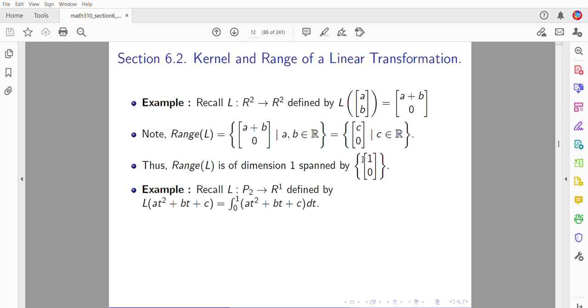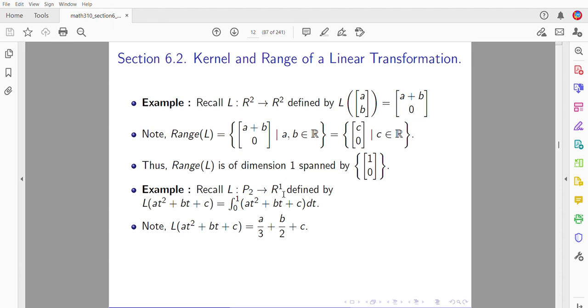Here is another example. Remember this example, that is the definite integral of a polynomial over the interval 0 to 1. What is its range? Well, we've calculated this definite integral. It turned out to be a over 3, b over 2 plus c. So what does this mean? Look, I'm going into R1. R1 is one dimensional.